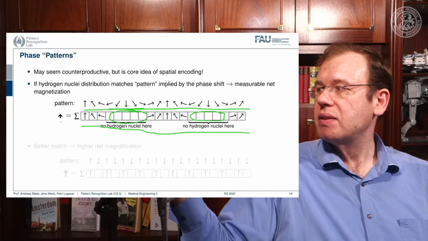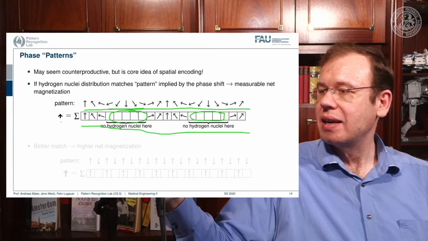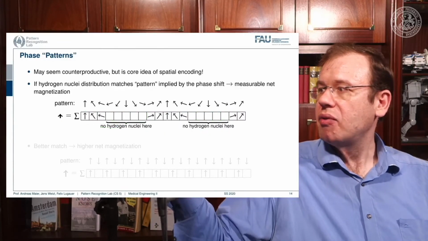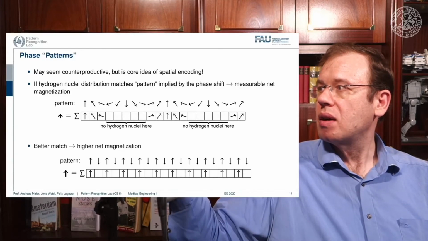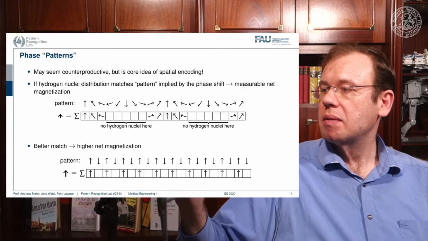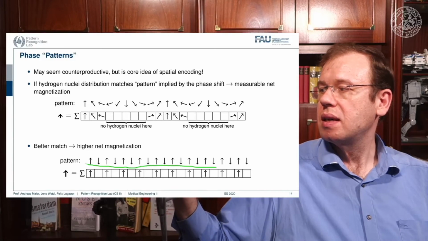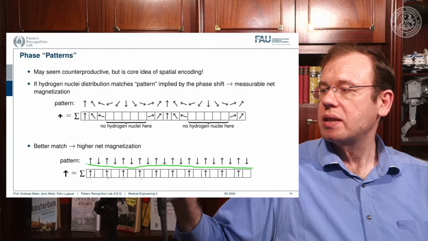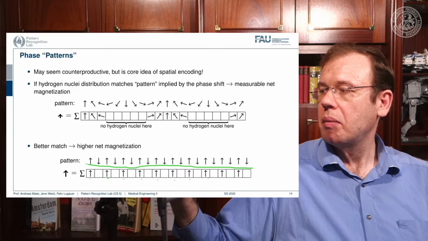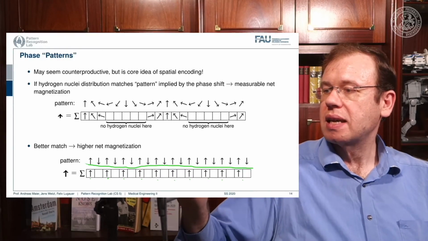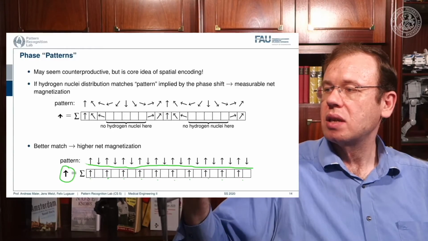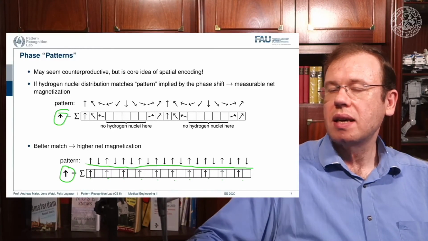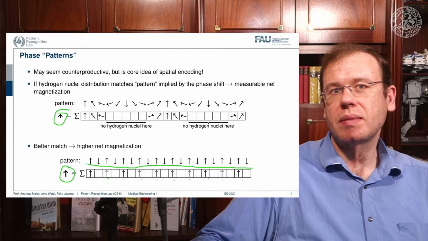And you see that we will get a higher agreement if we have a better match. So if my underlying pattern is this here, and I have this orientation in my actual signal, then I get a very high excitation, and if the match is not so great, I get a lower agreement.